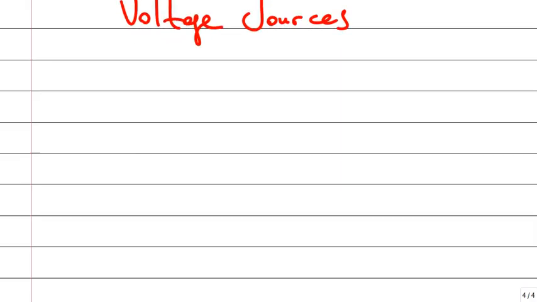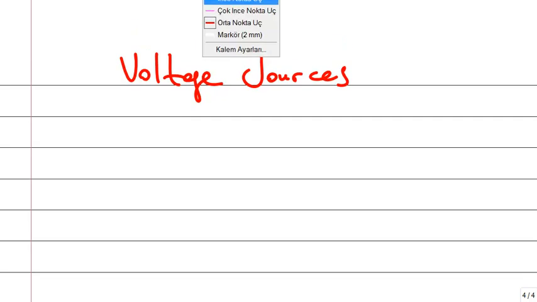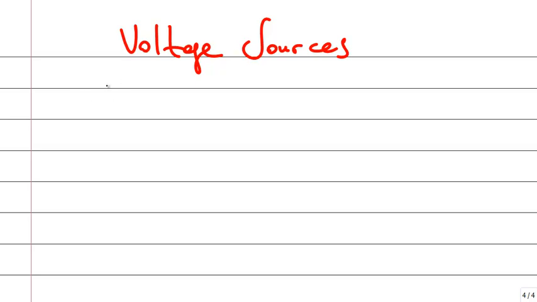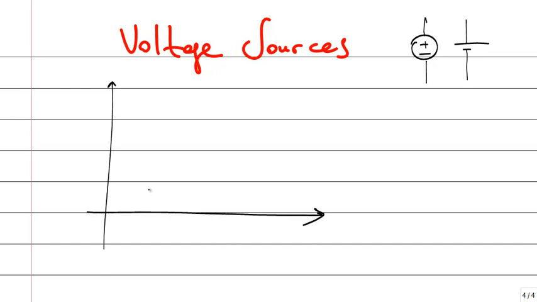Voltage sources are like big dams. The symbol is like that or like that. How do they behave? This is the current, this is the voltage.